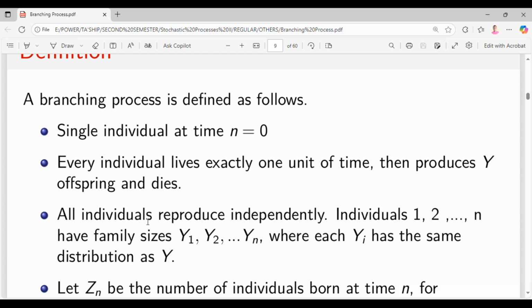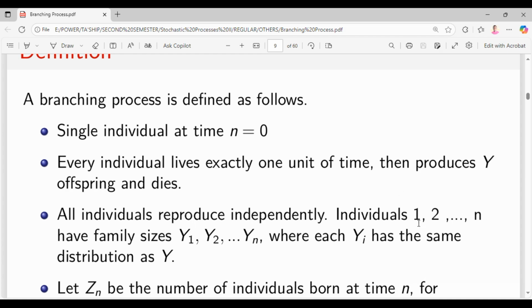All individuals reproduce independently, and individuals 1, 2, 3 all the way to n have family sizes Y1, Y2, all the way to Yn. So if the initial individual gives birth to 1, 2, 3, all the way to n offspring, these offspring have the potential of also having their own family sizes.